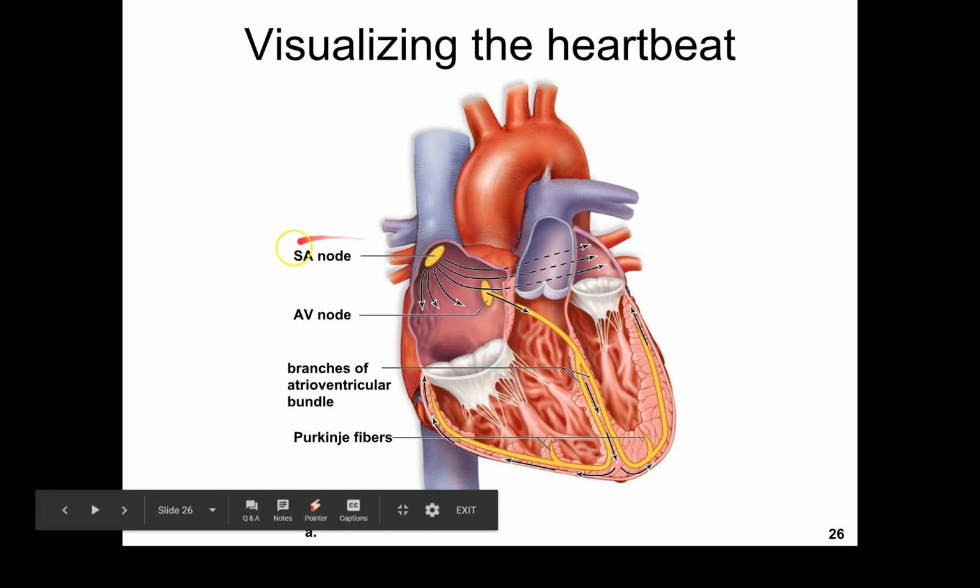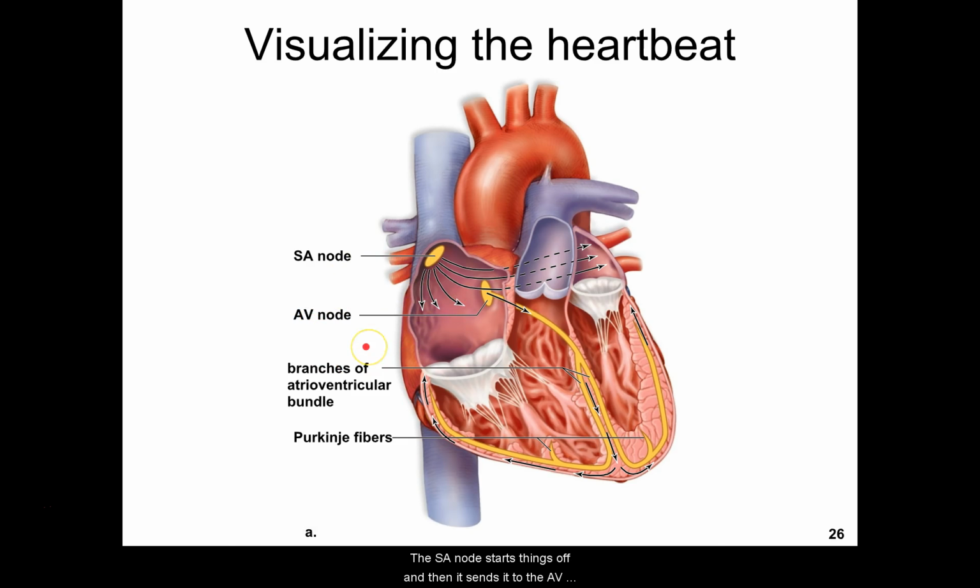So the SA node starts things off, and then it sends it to the AV node, which continues propagating the signal onward. Very interestingly, if the SA node stops working for whatever reason, the AV node itself can continue the process of the beating heart.